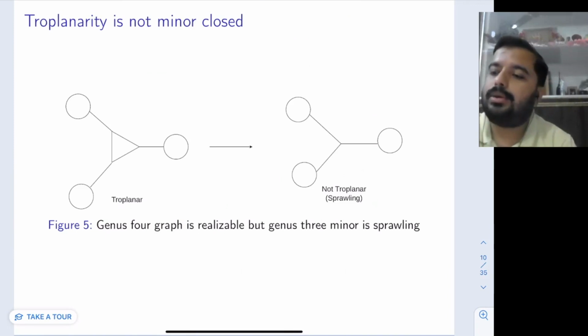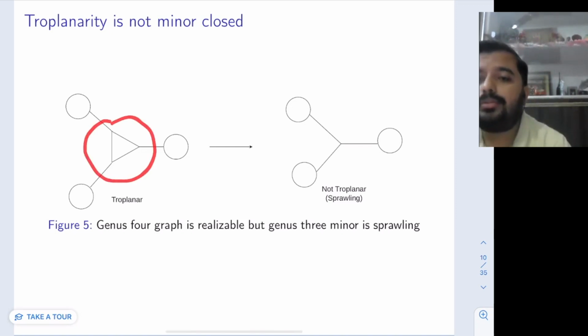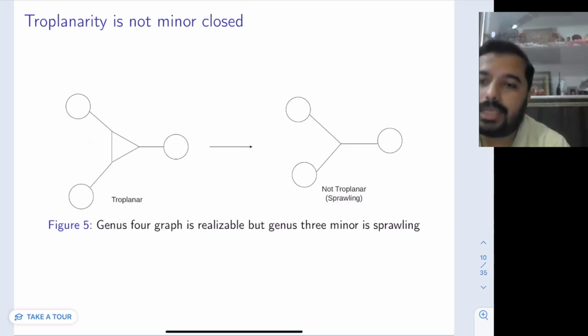Just as a side note, one should see that troplanarity is another way of saying that a graph is realizable, in the sense that it occurs as a skeleton of a tropical curve. So a graph is troplanar if it is realizable in this sense. This notion of troplanarity is not minor closed, meaning that this graph, which we actually saw in the first picture of genus 4, is realizable. I showed you a unimodular triangulation realizing this one.